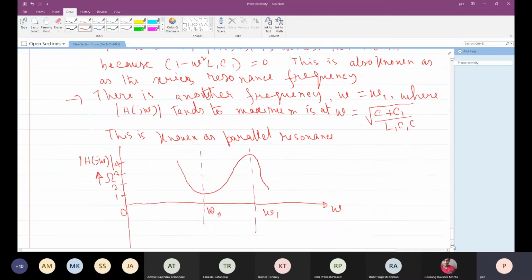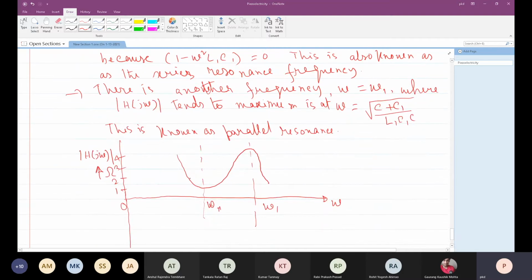So this is not that kind of filter response. Generally, we talk about the ratio of two voltages, voltage output by voltage input. Here it is impedance. So that's why at series resonance, it is minimum. And you know that at series resonance, the imaginary part is cancelled out.